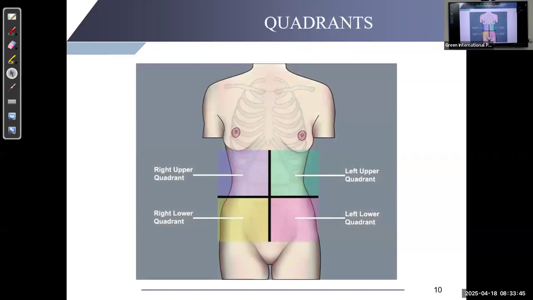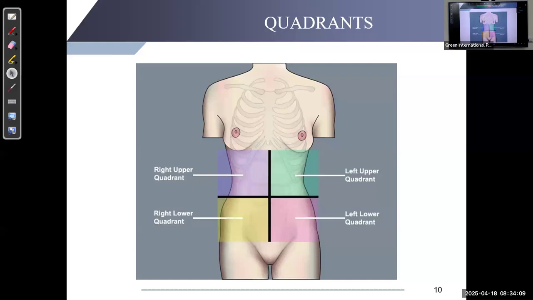Now, this is very important, quadrants, because when the pain is in the upper quadrant, what are the organs in the upper quadrant? Right upper quadrant, left upper quadrant, what is in the lower quadrant? That also defines it. So you will be able to understand which organ is affected.